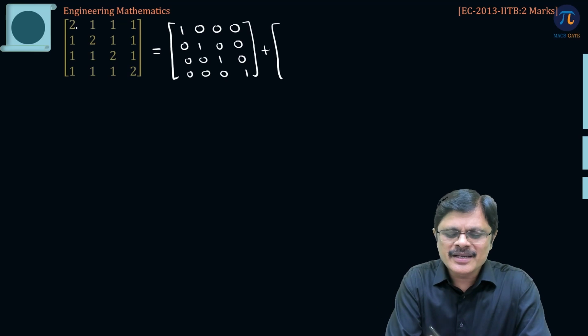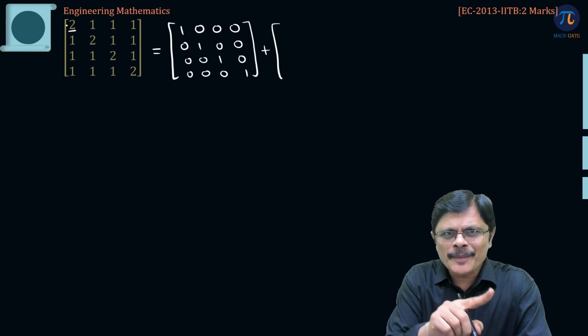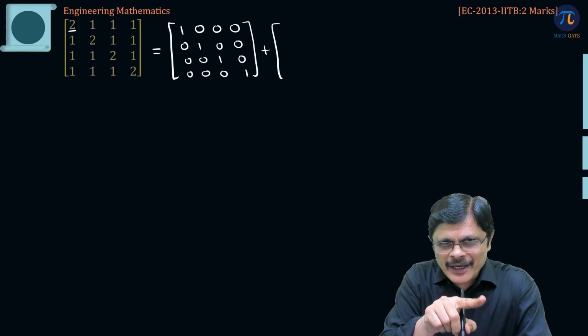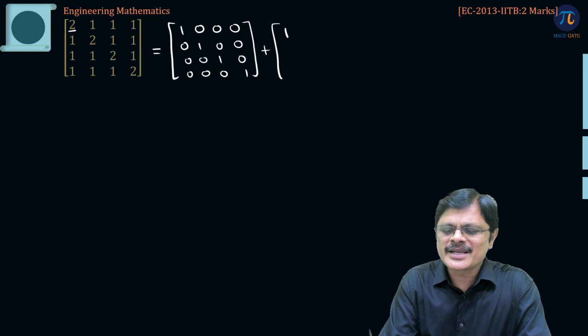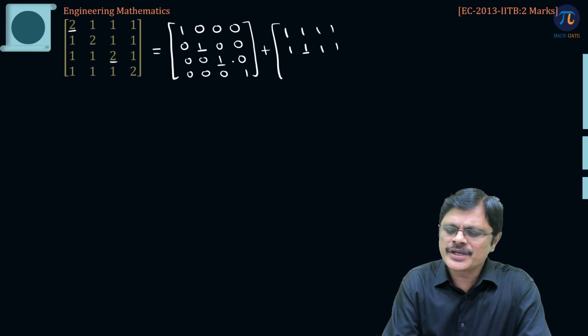So what is remaining? 1 is gone, means 1 more. That is, you can write 2 as 1 plus 1. So what is remaining? 1. Remaining elements are not changed. Here also 1 is used here, the other one is here. Remaining elements as it is.